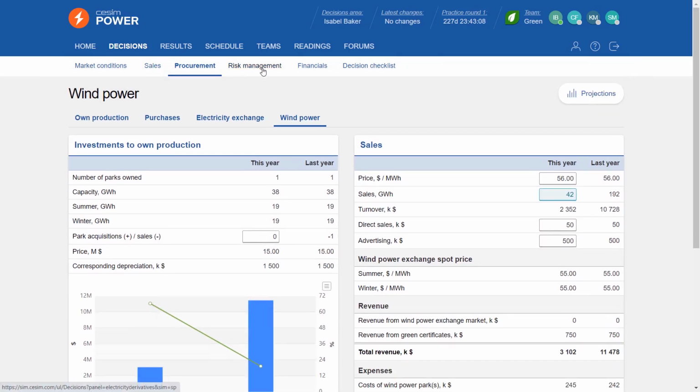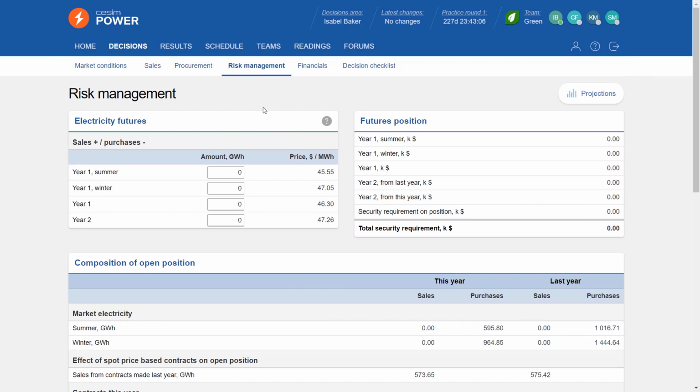Now we will move on to the risk management. Here in the risk management, we are able to hedge against the price risk in the market. As we have been discussing before, we buy from the spot market or we sell to the spot market depending on the balance between our sales commitments and our own physical position.